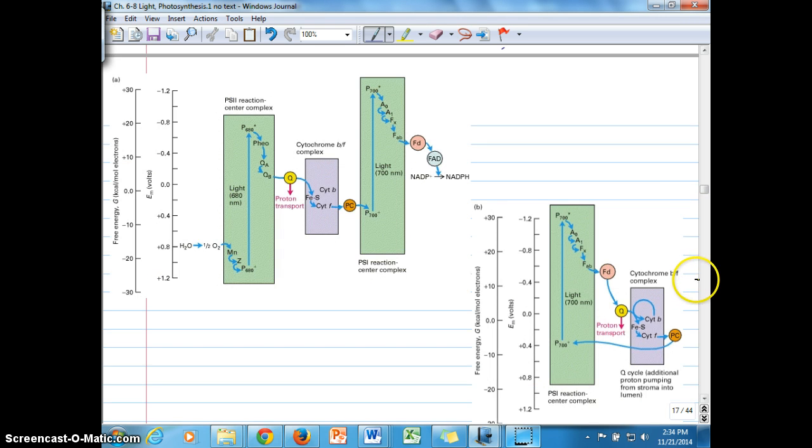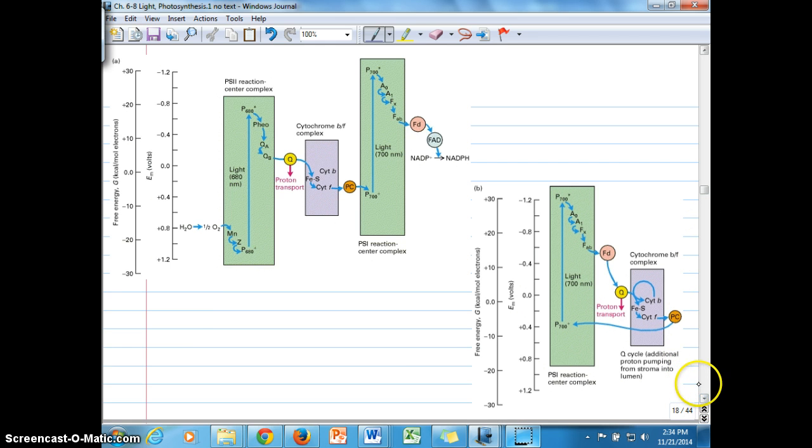So another method here that we want to emphasize that helps to accumulate hydrogen ions in the lumen is demonstrated in this second figure over here. So over here on the left, we have what's considered our standard Z scheme, showing the free energy that results from these various redox reactions.